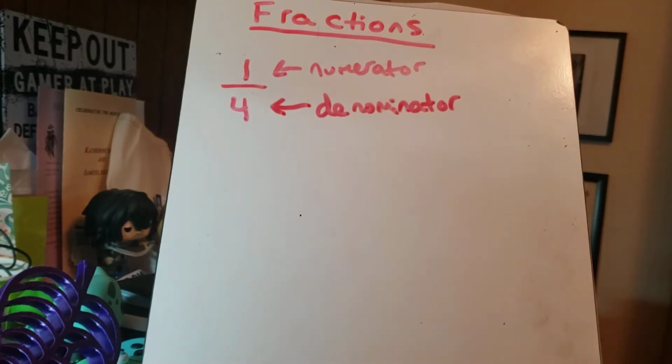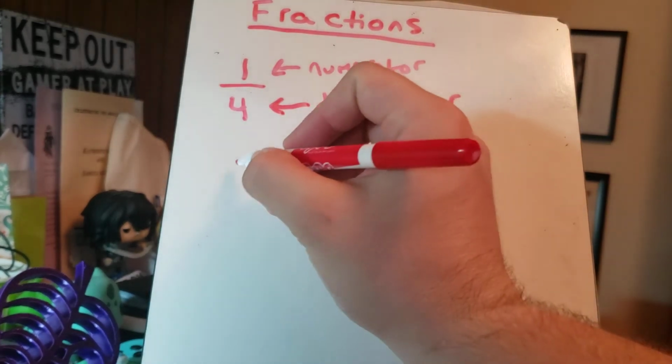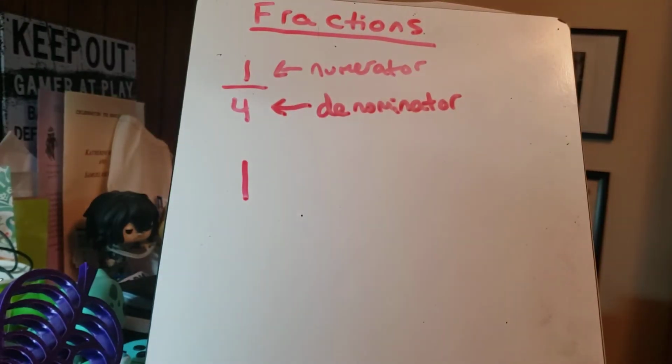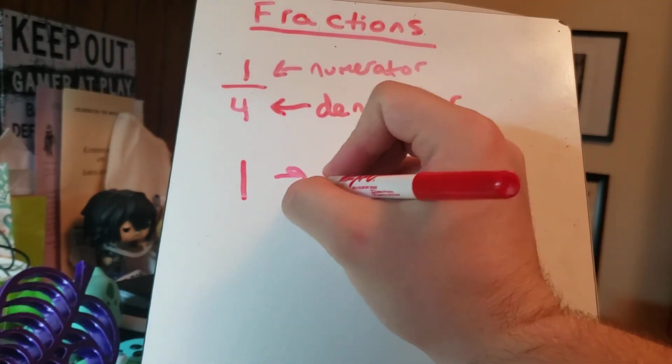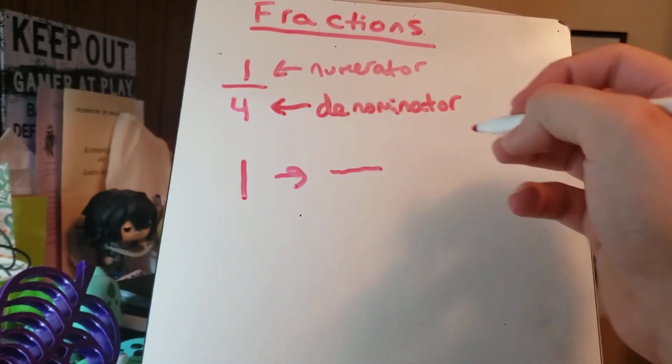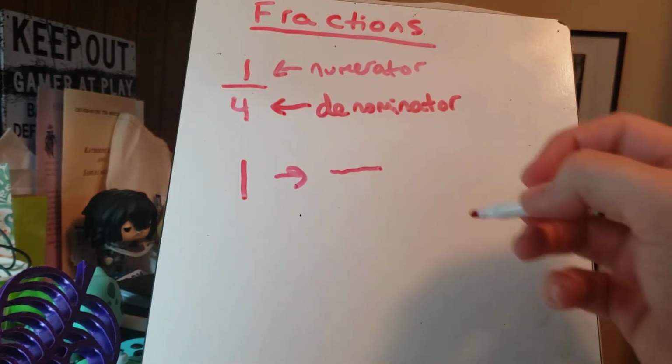A common misconception I feel like a lot of students have when they're talking about fractions is that they think whole numbers cannot be written as fractions, and that's just not the case. Let's take a look at 1 here. 1 can also be written as a fraction. If you wanted to write it as a fraction, you just have to write the same number in the numerator as you do the denominator.